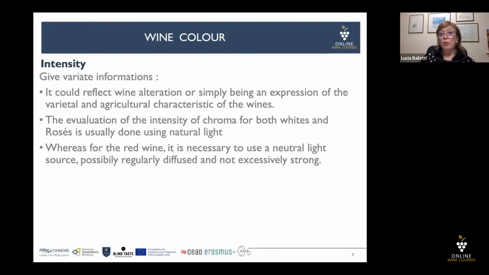Whereas for red wine, it's necessary to use a neutral light source, positive, regular, diffused, and not excessively strong. In the same way, we can use a white paper to analyze the color of red wines. You can see the light reflected on your white paper.